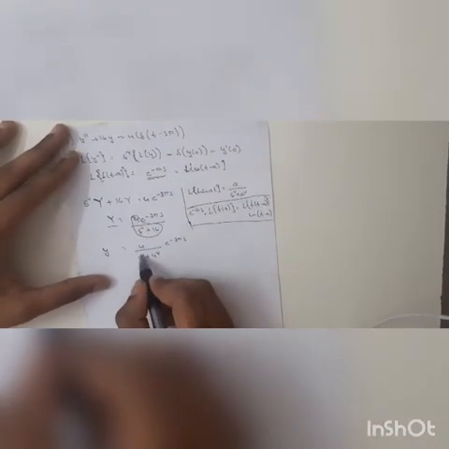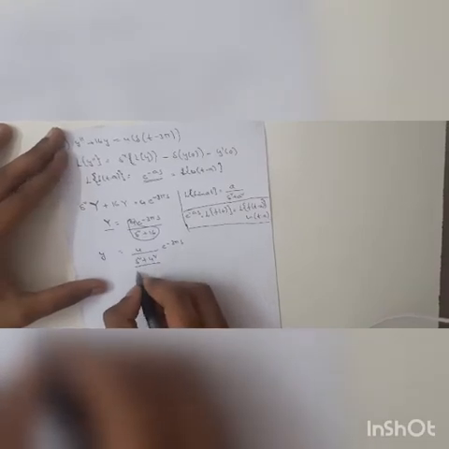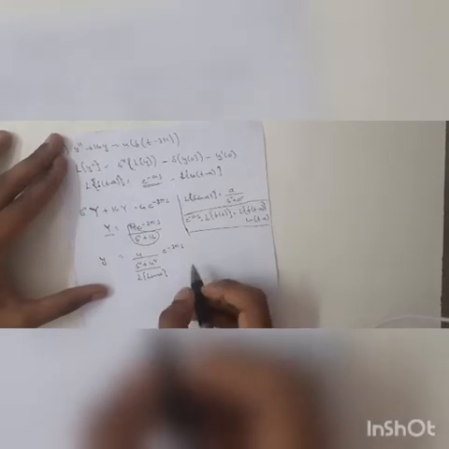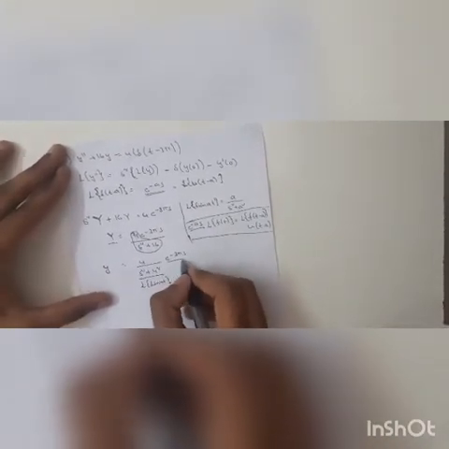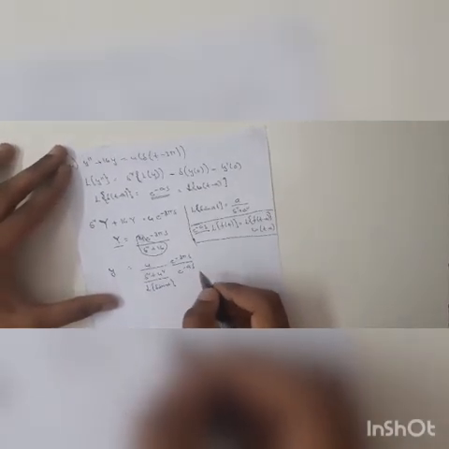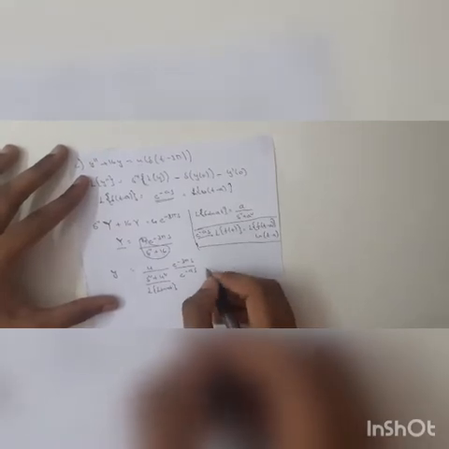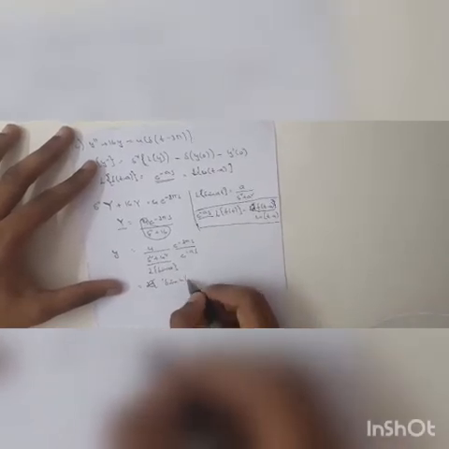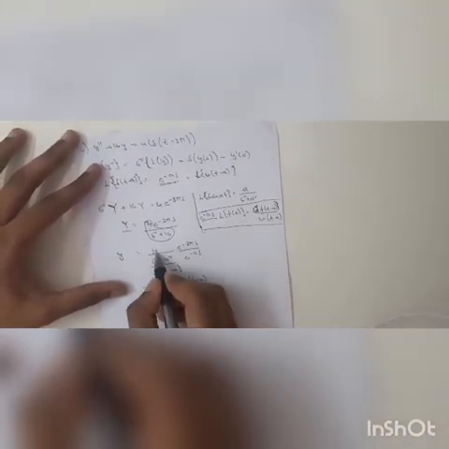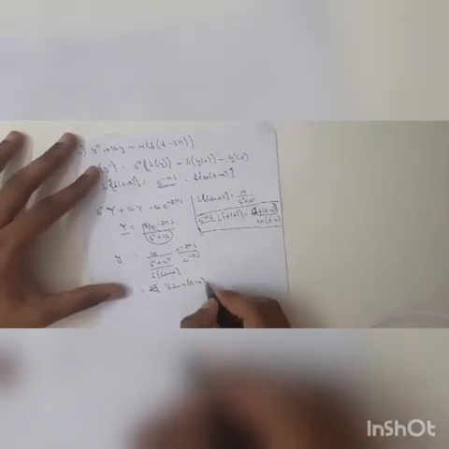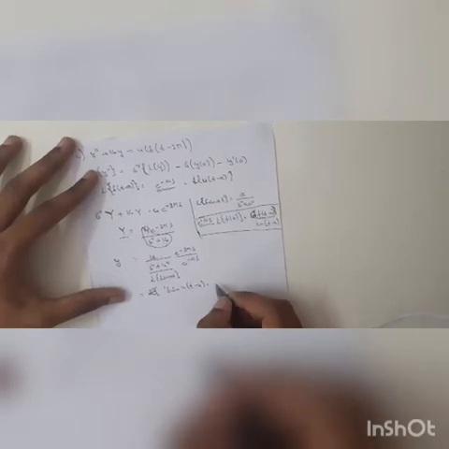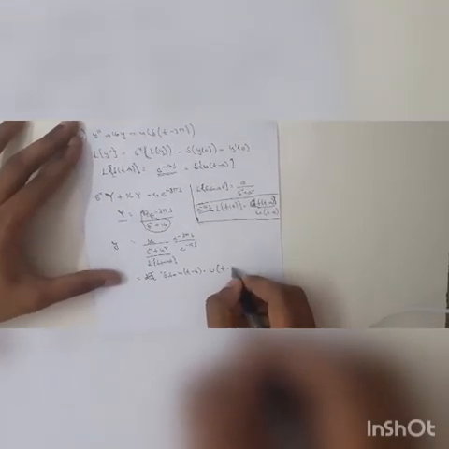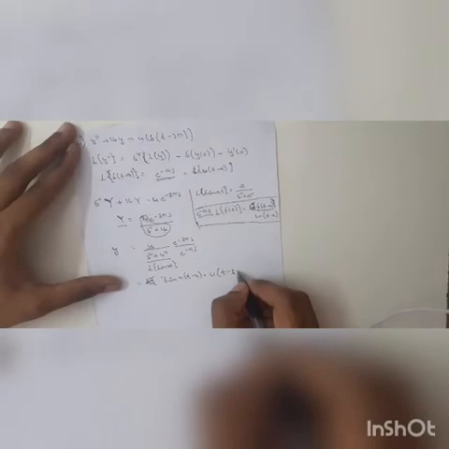So if we observe this, this is like Laplace of sine 4t, and e to the power minus as will give me sine of 4 into t minus a, and the unit function is unit function of t minus 3 pi.